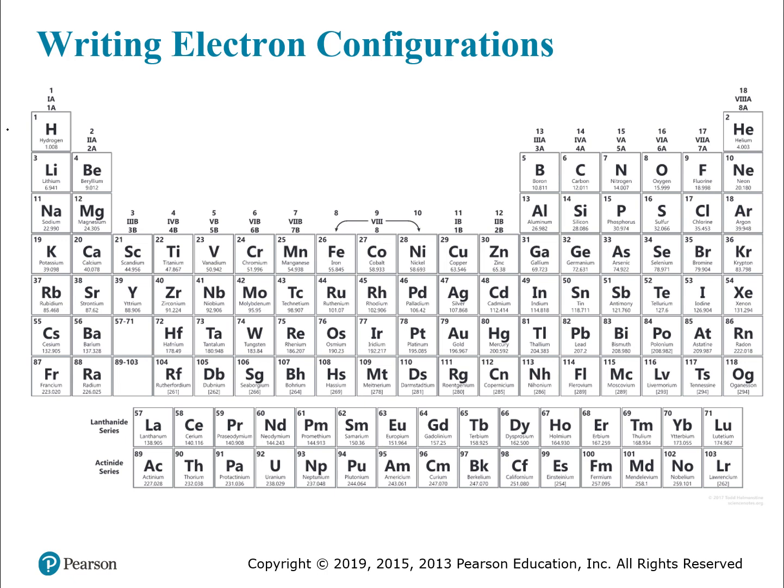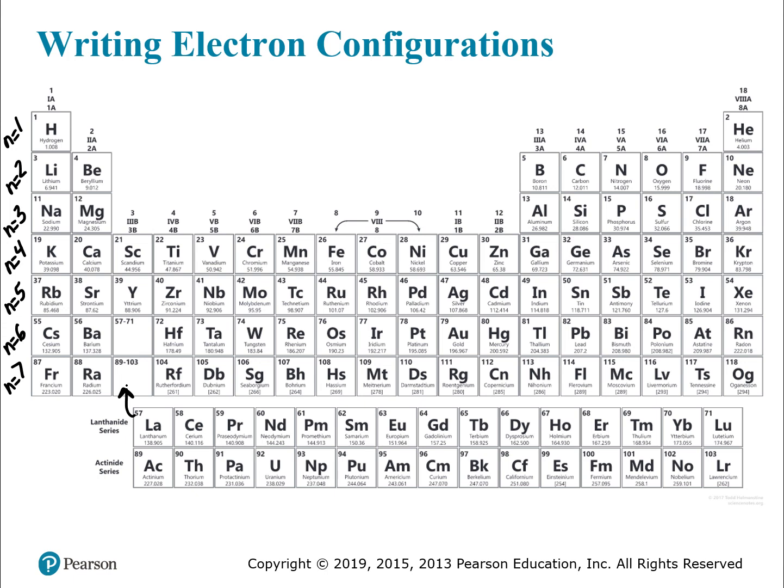So as I said, each row in the periodic table is the same thing as an energy level. Notice that I'm not labeling the two rows that are below the periodic table because these are really in here, okay?